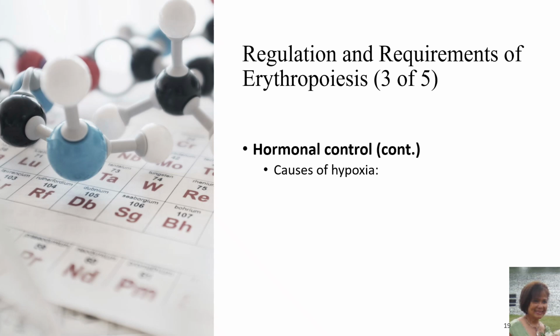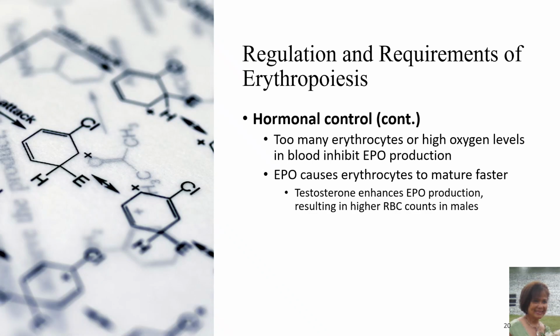Another hormone that's going to be affecting EPO is testosterone. Males can enhance EPO production through their testosterone, resulting in a higher red blood cell count. And that's the reason why they have a higher red blood cell count than the females.